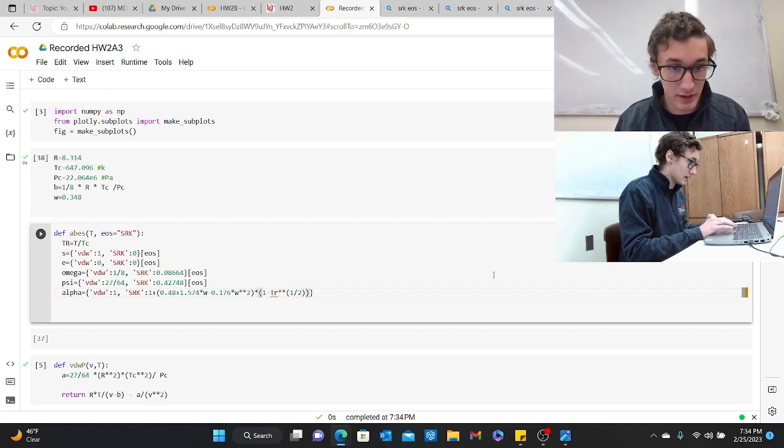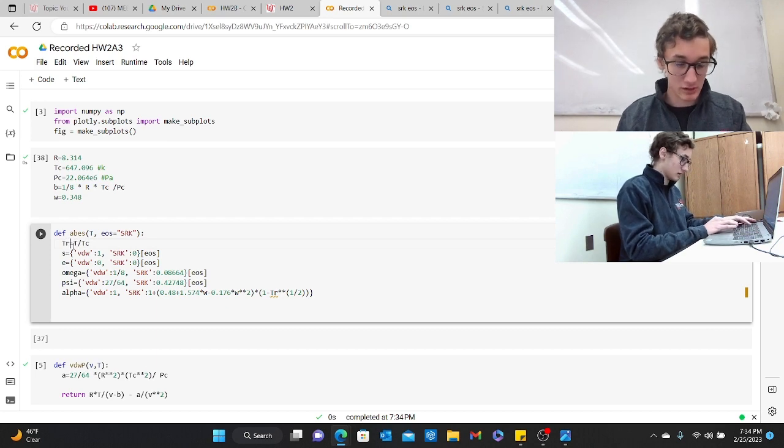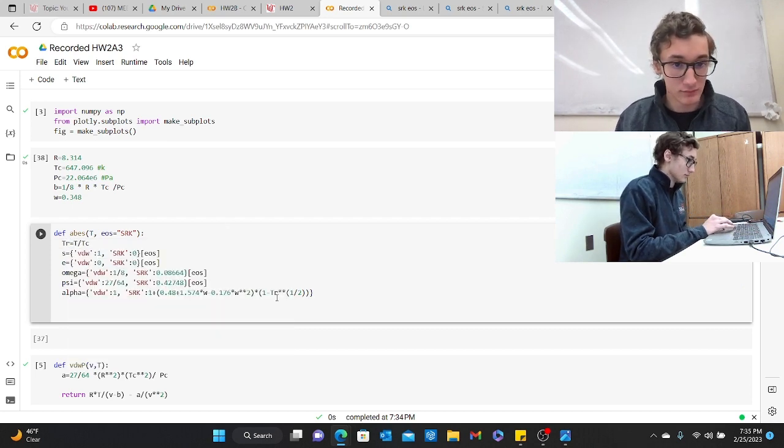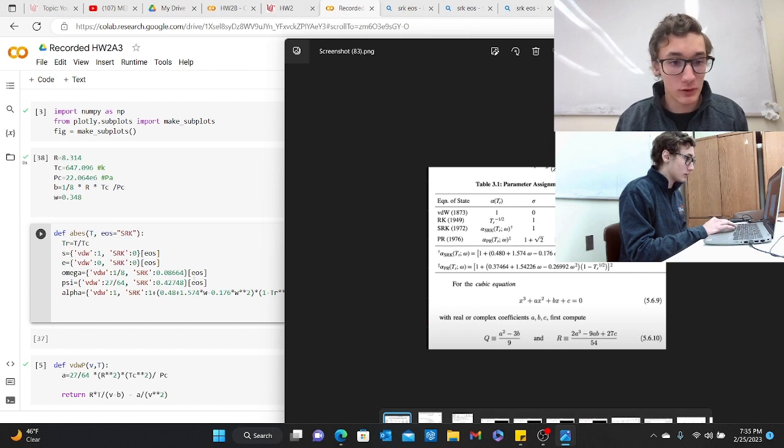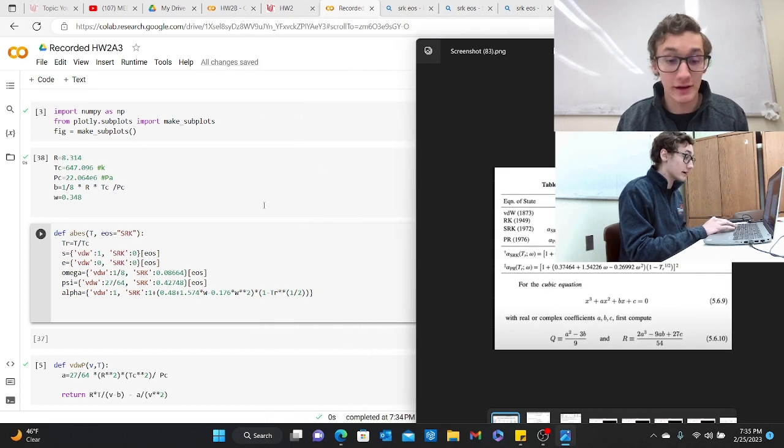So let's look at that. Let's change that. I don't like that TR's uppercase. Okay, so we have 1. Let's try and see if I can make this smaller, or skinnier, that works. So we have 1 plus 0.48 plus 1.574 times W minus 0.176 times W squared multiplied by 1 minus TR to the 1/2 power.